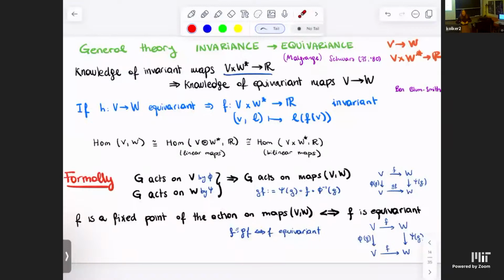Like if you want to parameterize all the functions that are equivariant with the Lorentz group, for instance, you know that there are light cones. You could define a function that is equivariant, defined as one thing in the complement of the light cones, and a completely different thing in the light cones. That would be equivariant just because these light cones are fixed, and that would not be continuous.